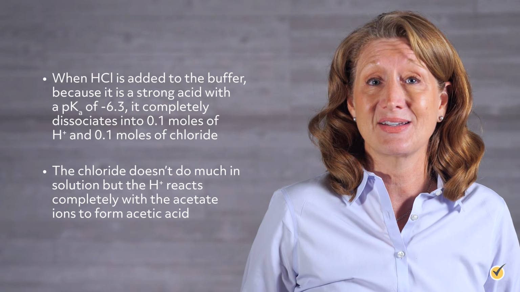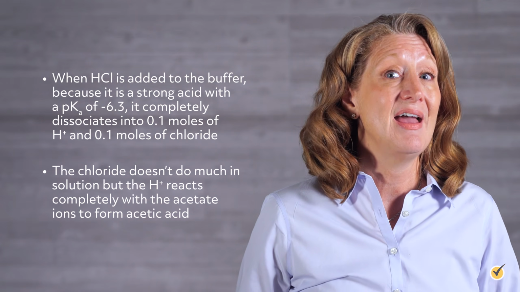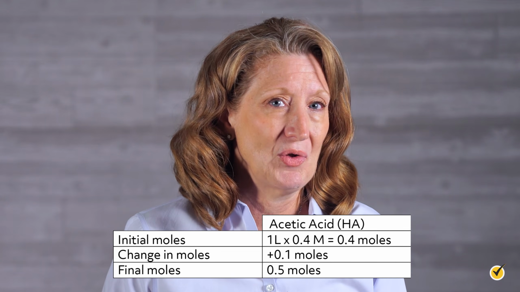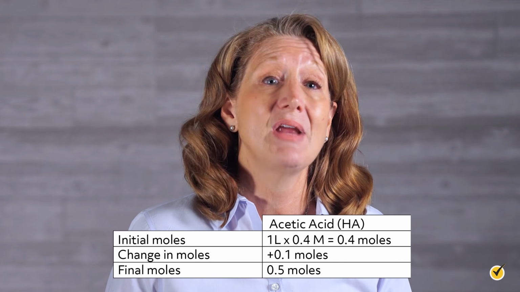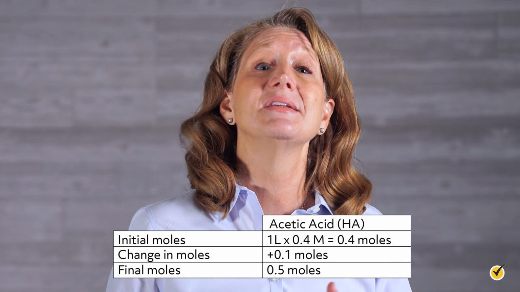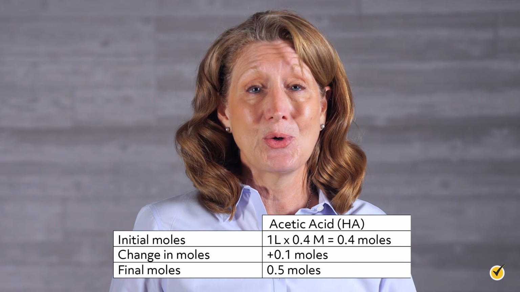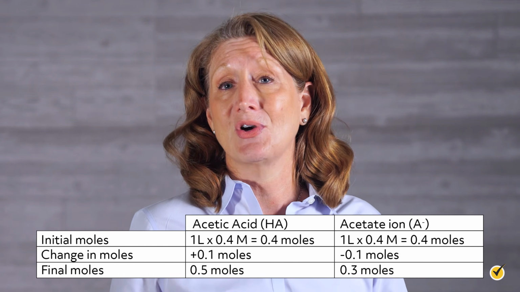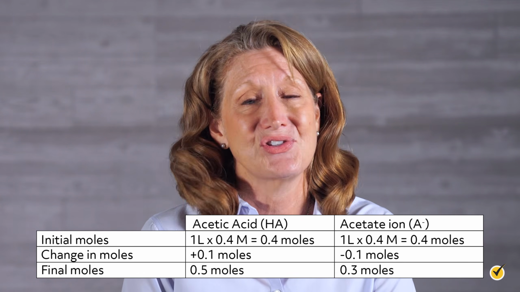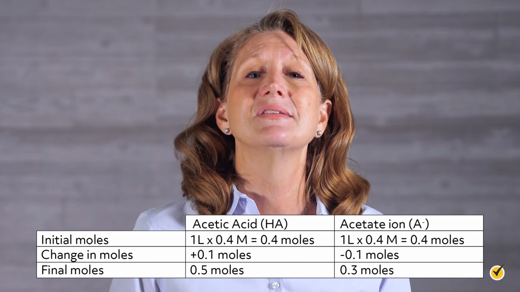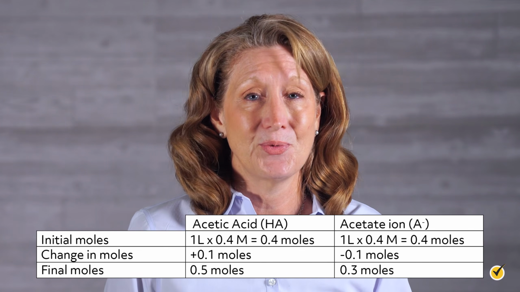Let's see how this impacts the concentrations of HA and A minus. We started with 0.4 moles of acetic acid, but then gained 0.1 moles when HCl was added, giving us 0.5 moles total. We also started with 0.4 moles of the acetate ion, but then lost 0.1 moles, giving us 0.3 moles total.